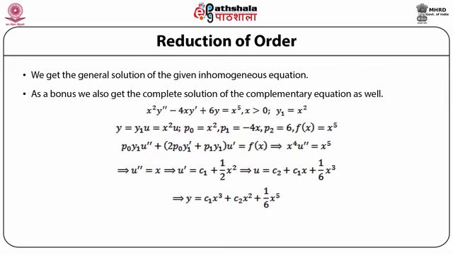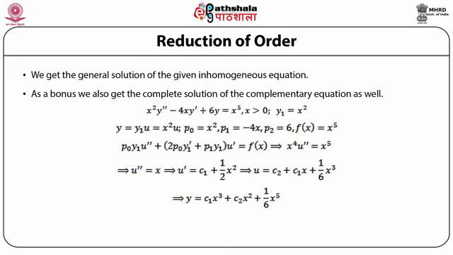So we get x raised to power 4 times u double prime is equal to x raised to power 5. So u double prime is actually equal to x. I can integrate this equation to obtain u prime as c1 plus x square by 2. Integrating again, u will be equal to c2 plus c1 x plus 1 by 6 x cube.